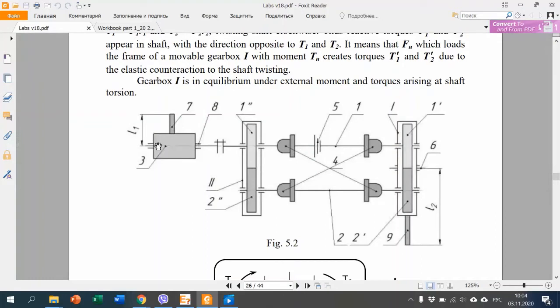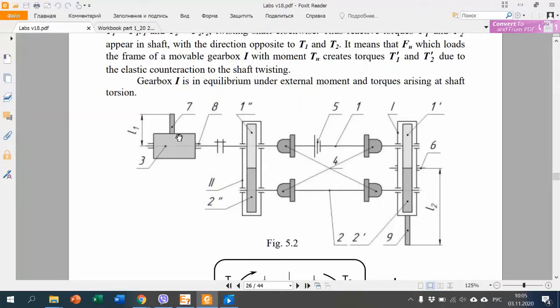Engine, we use this AC engine, the same like we used in laboratory work number 7. We use an arm, we know distance L1, and if we know the force in this place and multiply it by L1, we will have torque which acts on the stator of the gearbox, and we make the engine movable, tunable about the axis 8.